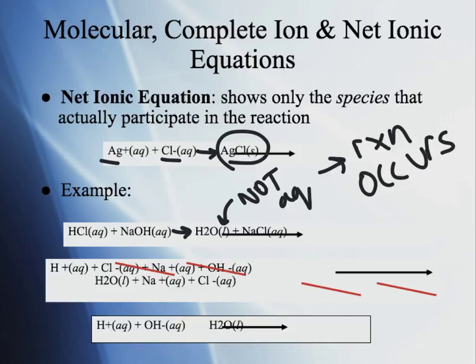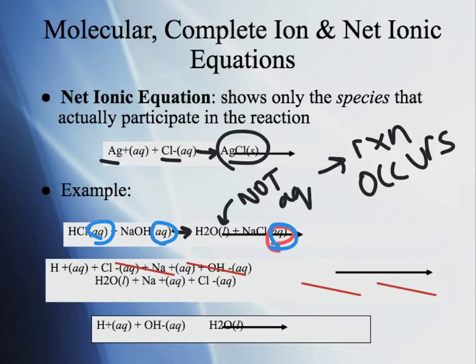NaCl, again, if we look at our solubility chart, is going to be aqueous, and so that's no fun for us because we can't see that. All right, so because we have a bunch of aqueous symbols here, we can write it out as our complete ionic equation. So we can break up the HCl and put H plus and Cl minus.